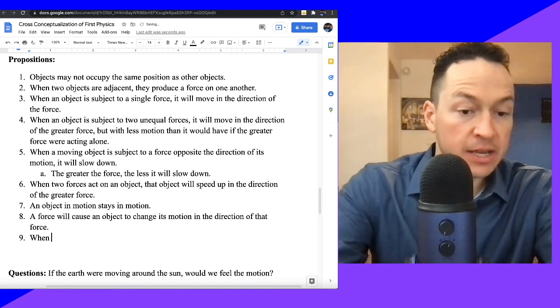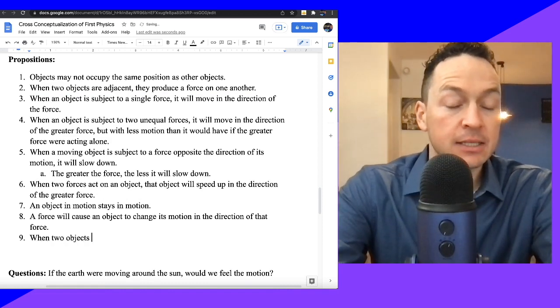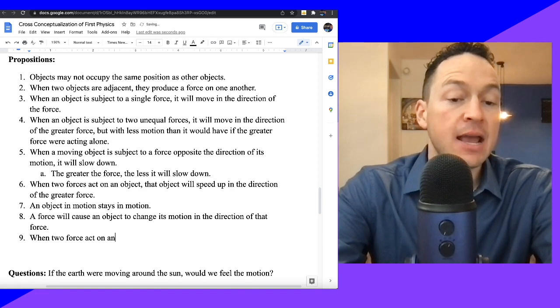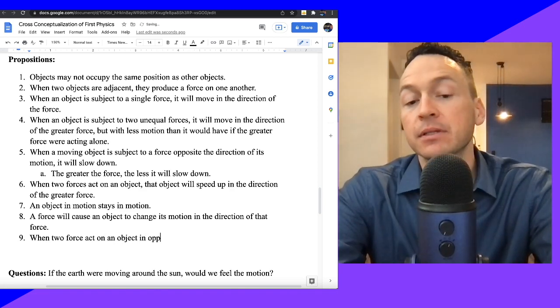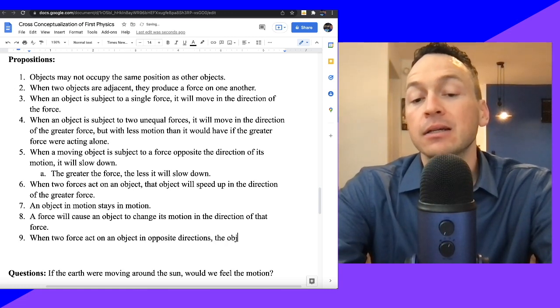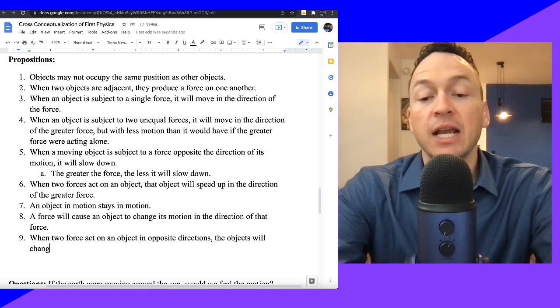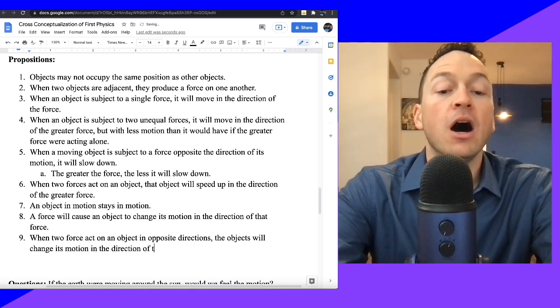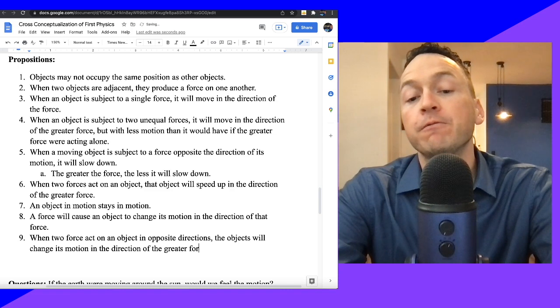When two forces act on an object in opposite directions, the object will change its motion in the direction of the greater force.